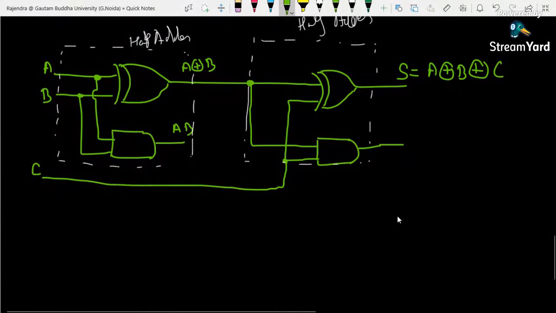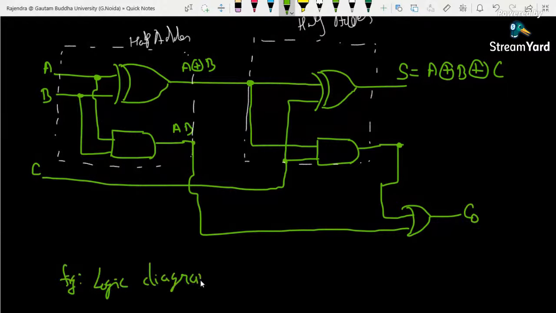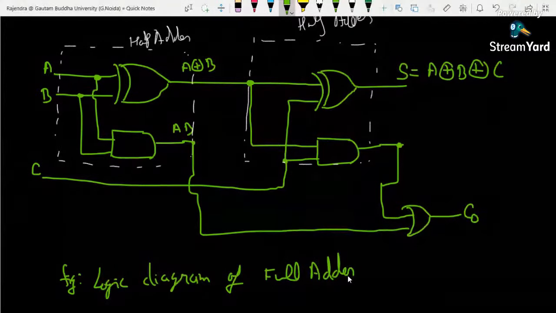Finally there is an OR gate, and this AND gate output goes to the input of this OR gate, and the other AND output goes to the other input of this OR gate. So this final output will be C naught, the carry out. This figure represents the logic diagram of the full adder circuit. So always remember, whenever we are adding two multi-bit numbers, we always prefer a full adder circuit.